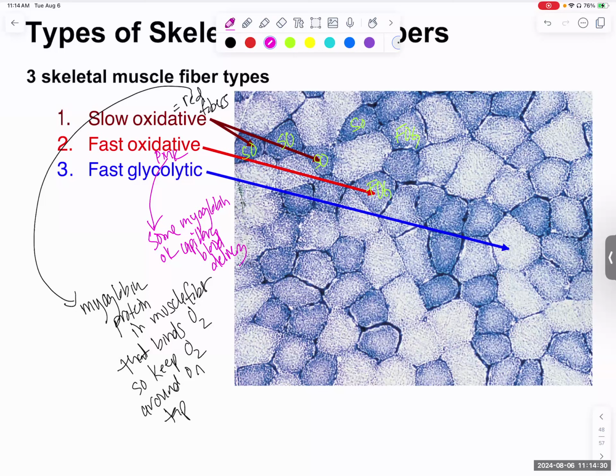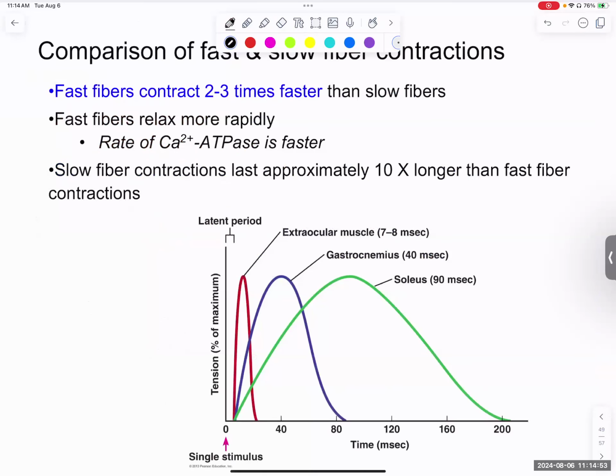So they can still do oxidative phosphorylation. Then we get to the fast glycolytic. These guys, we call these white fibers. No myoglobin. So they don't really have very much oxygen, and they are doing glycolysis or anaerobic glycolysis.